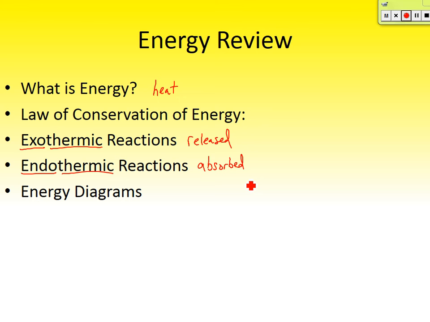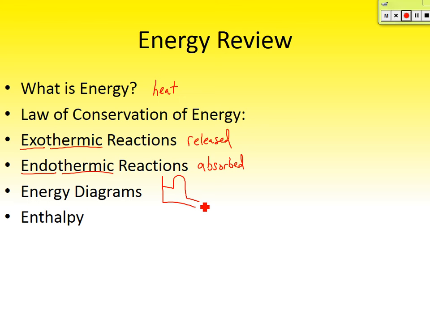Okay, energy diagrams. Are you guys comfortable with energy diagrams? Do you know what they mean? If I pointed to a part on this, could you tell me what it meant? If I asked you to find delta H, could you calculate it? Activation energy. The energy of the reactants, the energy of the products. Hopefully you can. Enthalpy.